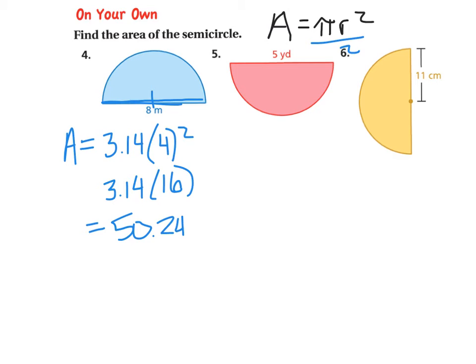Remember, this is a semicircle, so now we need to divide that by 2 to get our final answer for this. So our final answer is 25.12. So make sure you double check and look and see what you're solving for. Are you solving for a whole circle or a half a circle? And then you need to label this. This is meters squared.